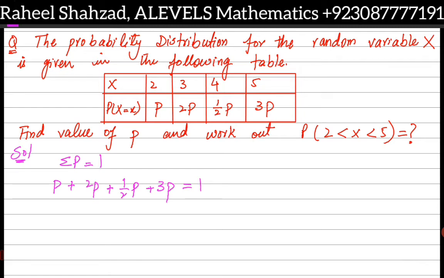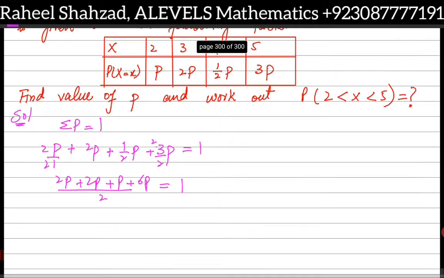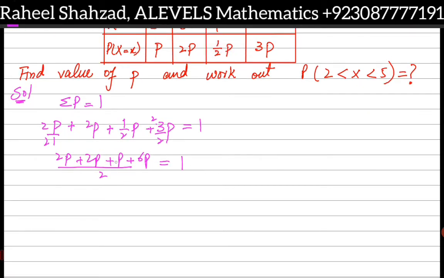So in order to add all these, it's basically 2p plus 2p plus p plus 6p over 2 is equal to 1. And now we have 11p by 2 is equal to 1. So p is equal to 2 divided by 11. So that is the value of p first of all.